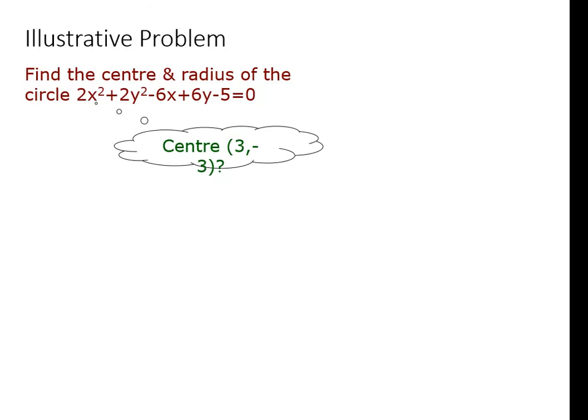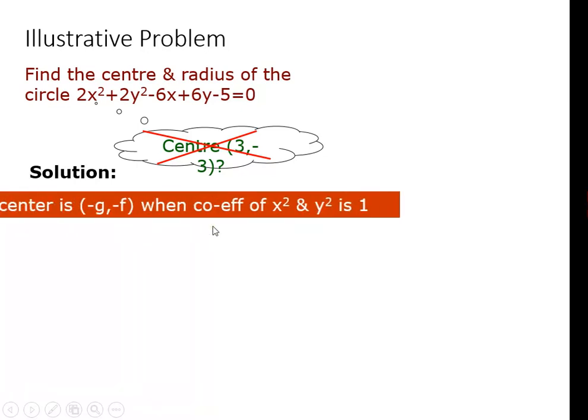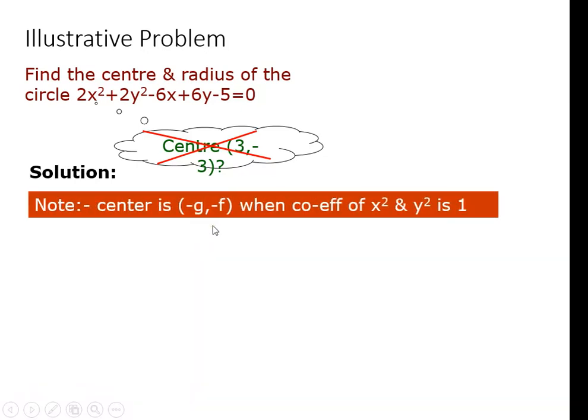For center and radius we must know that the coefficient of x square and y square must be unity. So this is not the center, this is wrong. So the solution is, note, the center is minus g and minus f when the coefficient of x square and y square is 1. So first of all we make the coefficient of x square and y square unity.